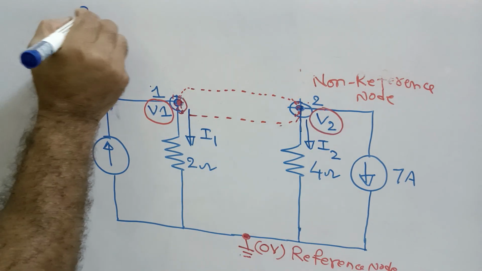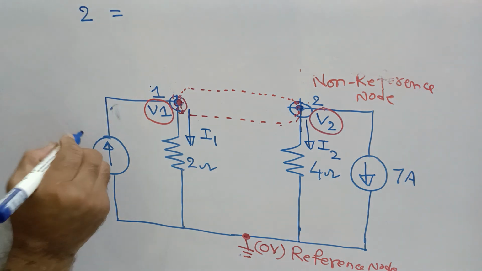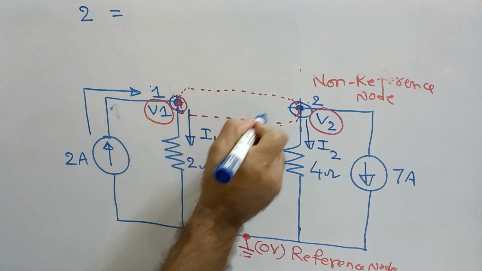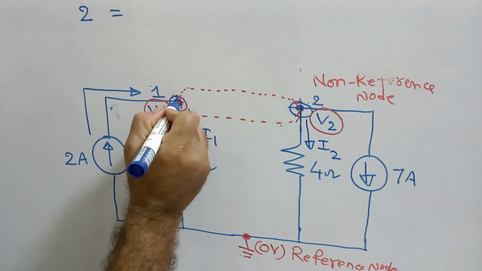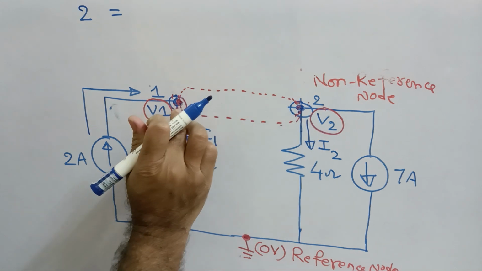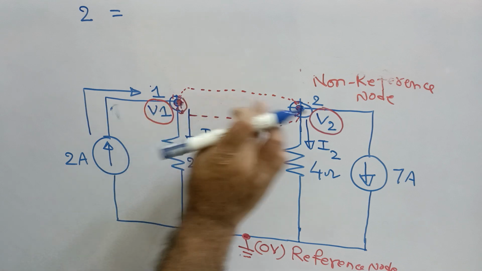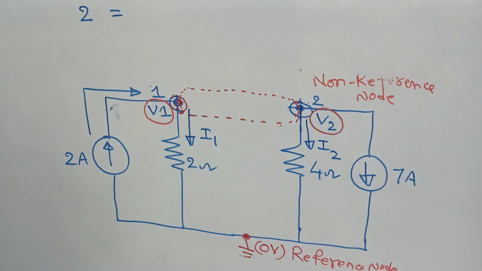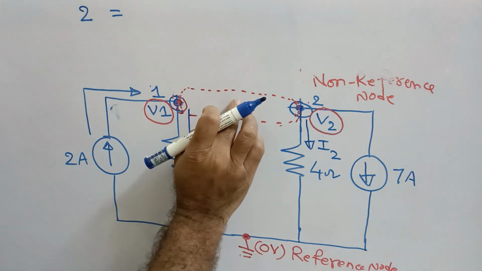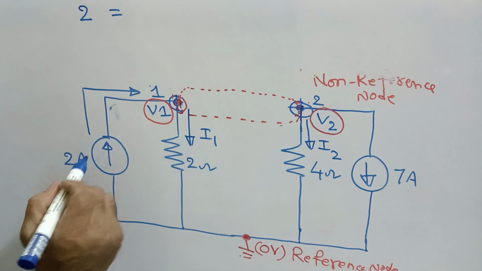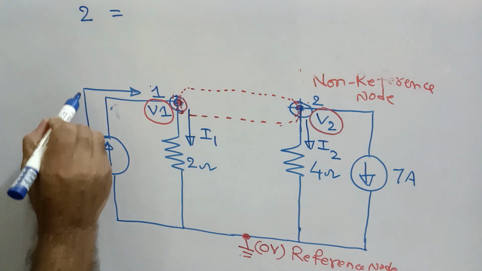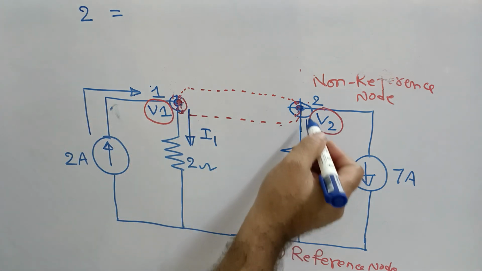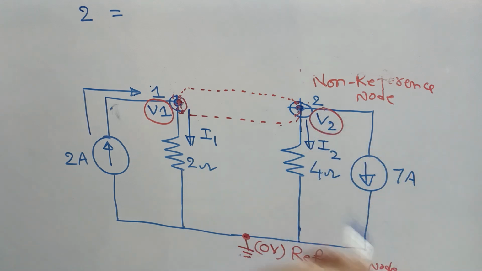So it is 2 ampere current entering at a node, because as the voltage source is disconnected from here, with respect to V1 and V2, nothing but node 1 and node 2, you can now treat this entire part as a single or common node. Therefore, at this common node, 2 ampere current is entering, and from this point I1 is going out, I2 is going out, and 7 ampere is also going out.